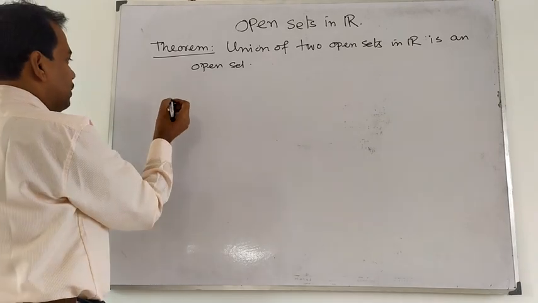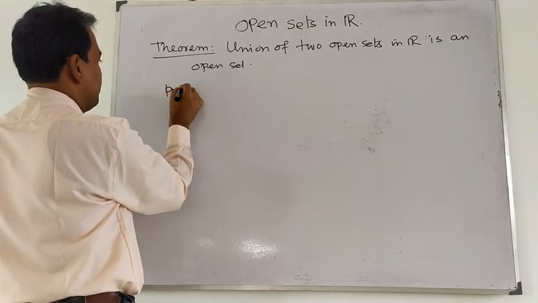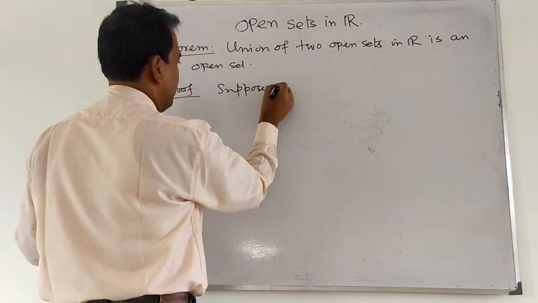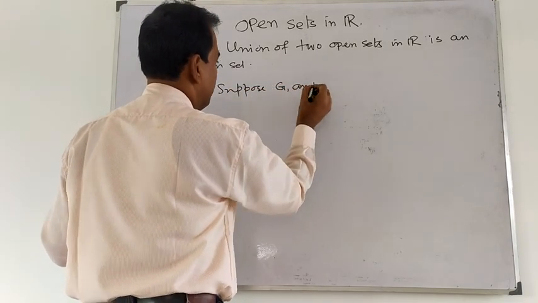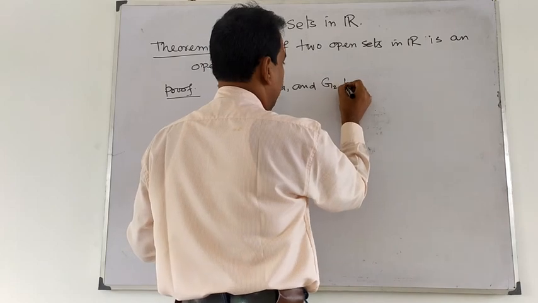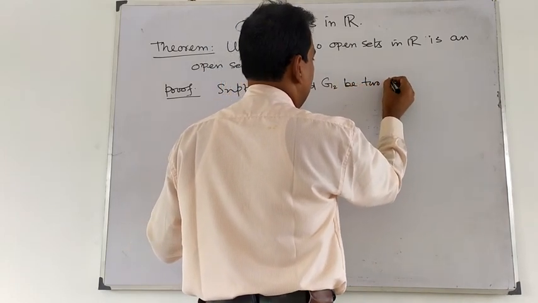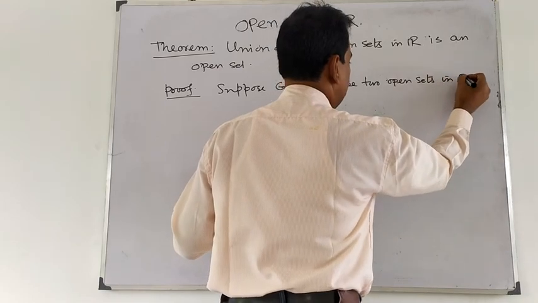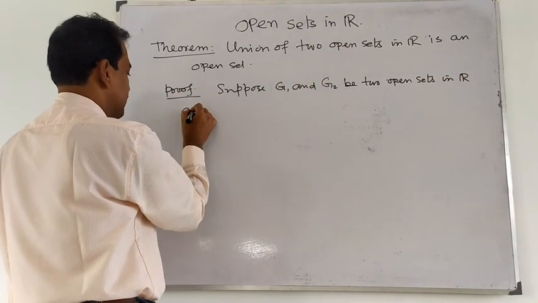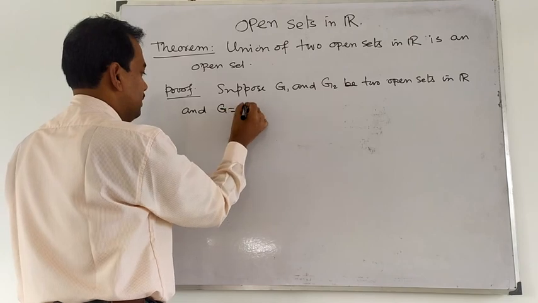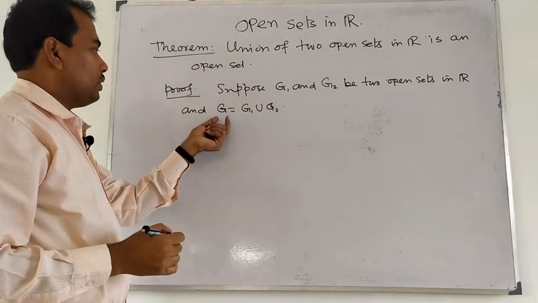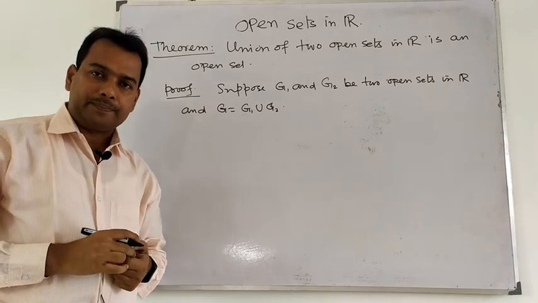Suppose G1 and G2 are two open sets in R, and G is G1 union G2. We now show that G is an open set.